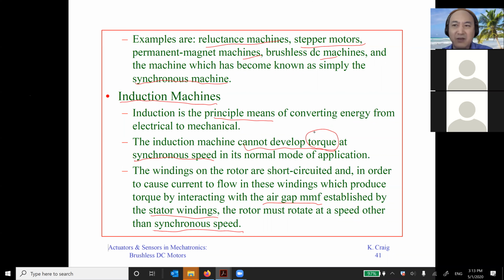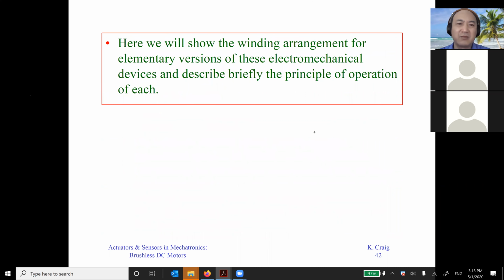When we say synchronous speed, it means the rotating speed of the magnetic field. So you have some small difference. That difference is the cause of producing the torque, so that the motor is useful. So that's called induction machines.